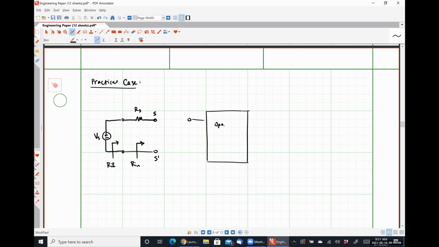Here's our open loop amplifier. Here's our output terminal.